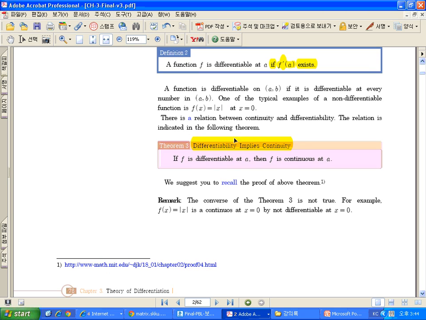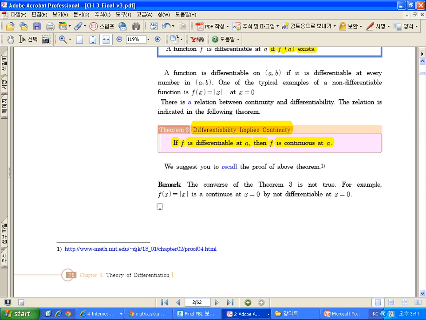Okay. You know differentiability implies continuity. You all know it. If it's differentiable, it's continuous. If it's continuous, then it's integrable. So if a function f is differentiable at a, then f is also continuous at a.